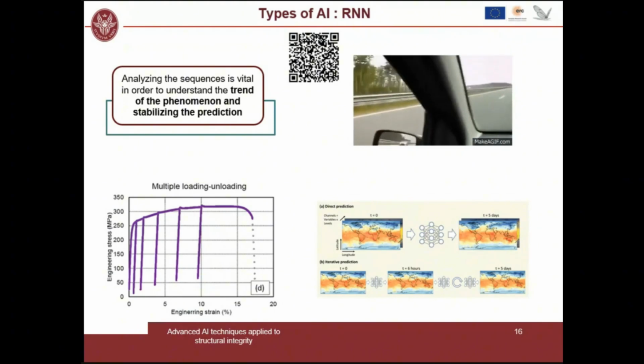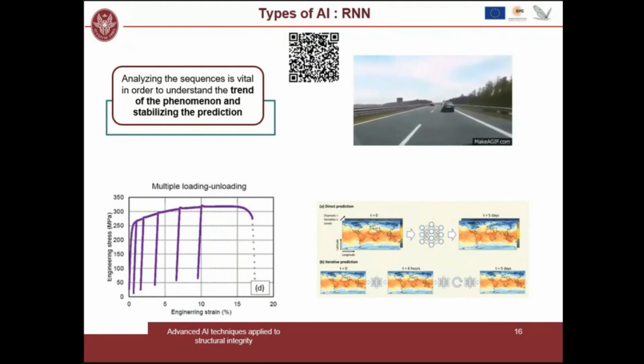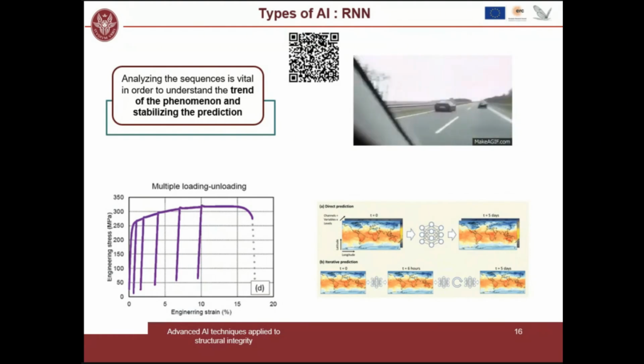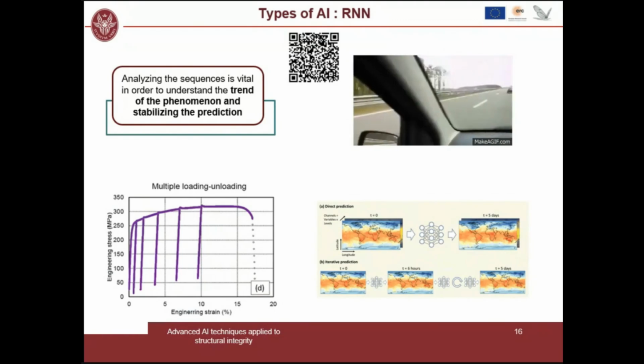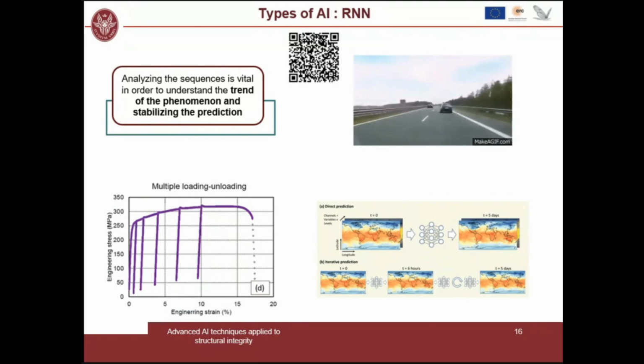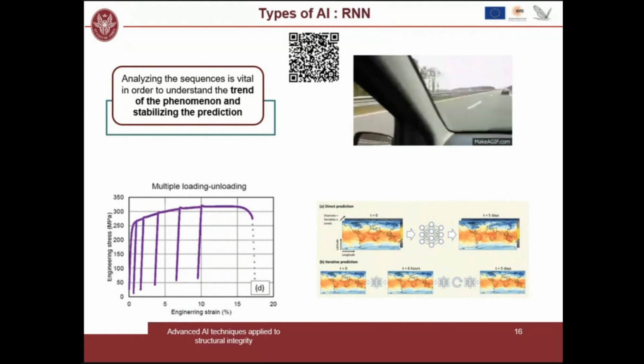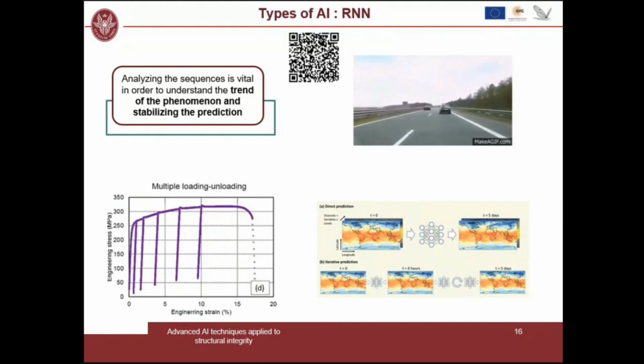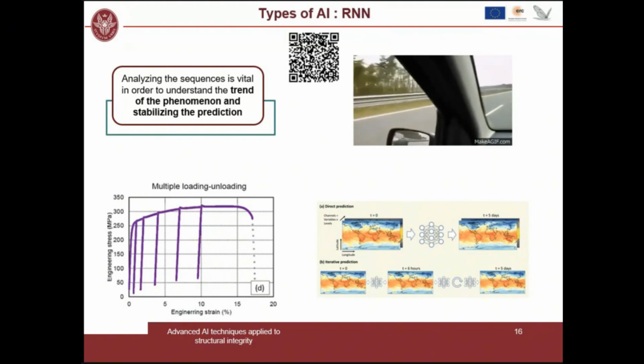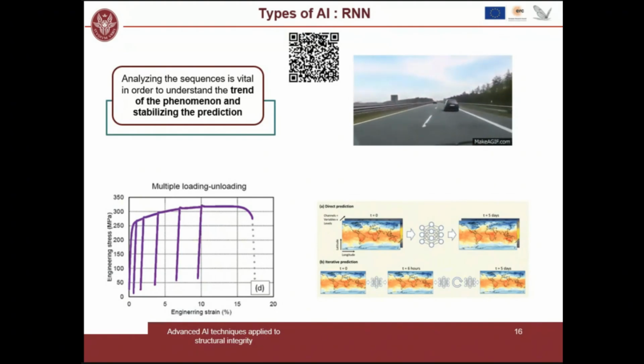And for example, here, after it undergoes the elastic limit, it starts the plastic deformation of the material. So by also providing the neural networks with that sequence information, you can learn the mechanical behavior of your material itself.